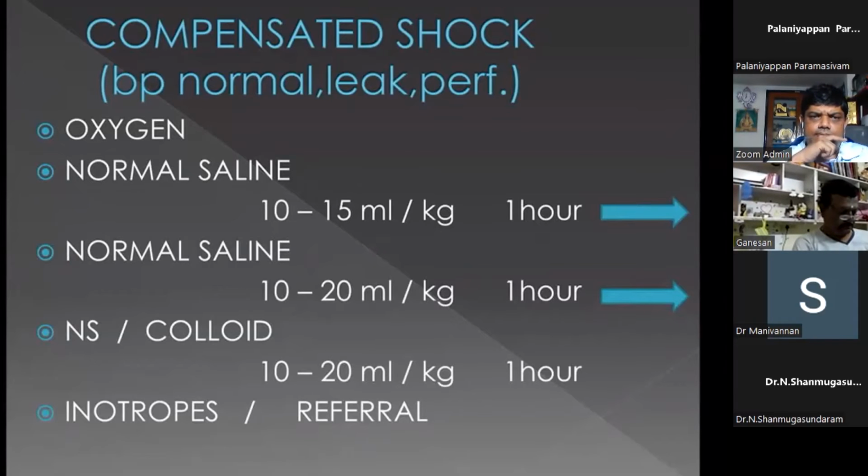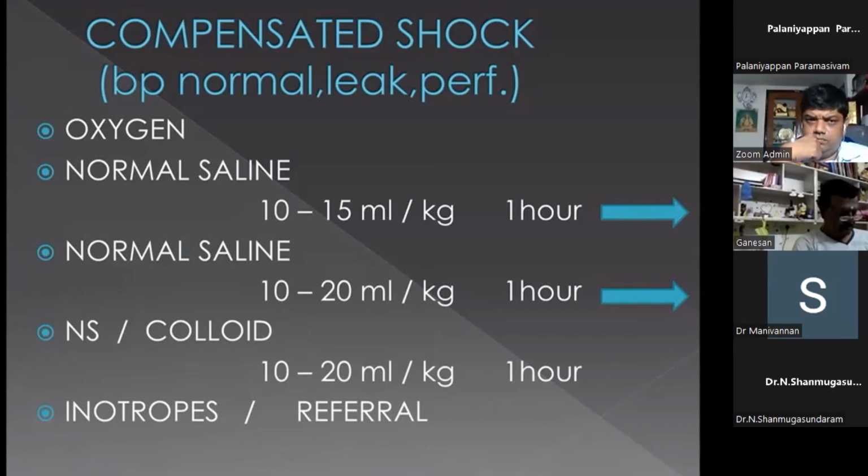So for compensated shock, you give oxygen. Any child with shock, give oxygen first. Then load normal saline, roughly about 15 to 20 ml per kg over a period of 1 hour. Then you recheck the patient's pulse volume and capillary refill.